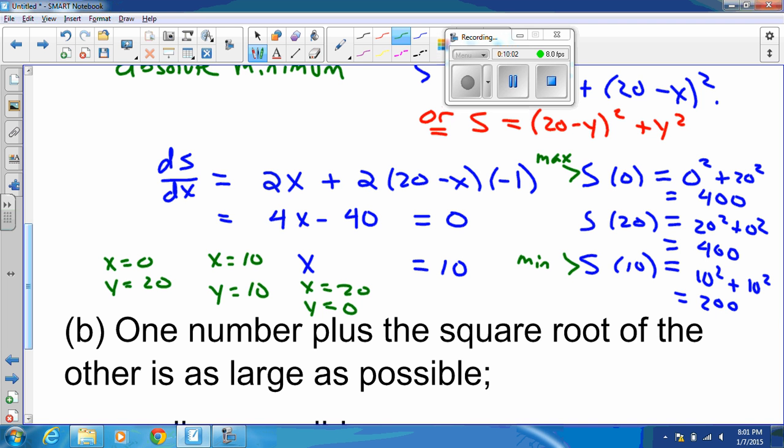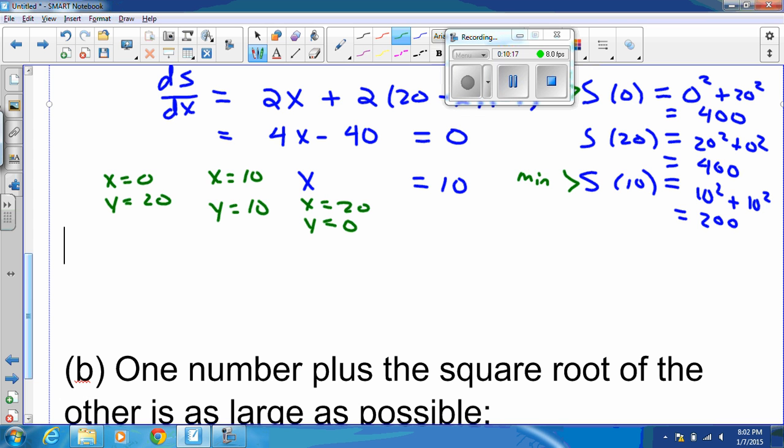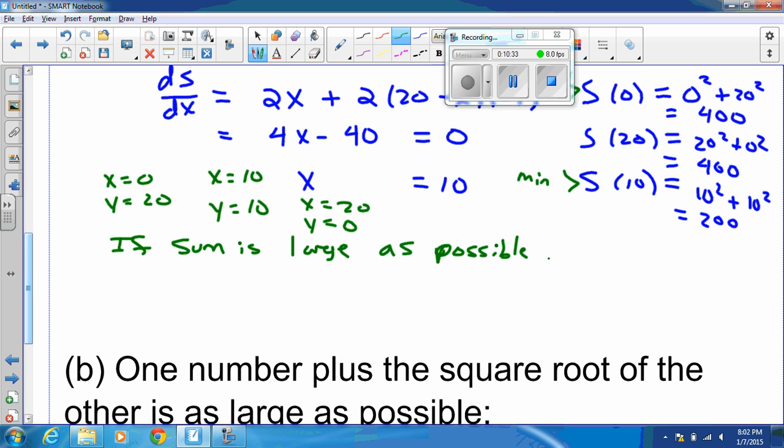So if the sum of the squares is as large as possible, then my two numbers are 0 and 20.